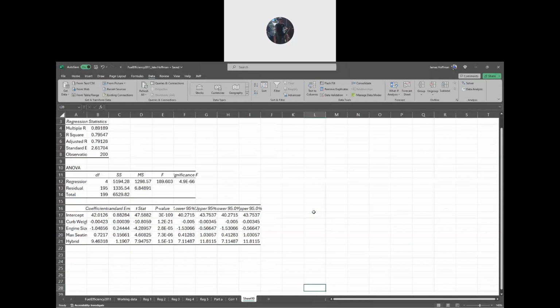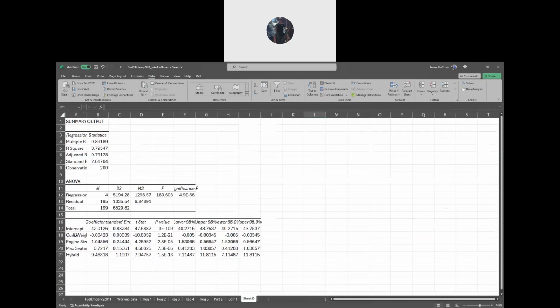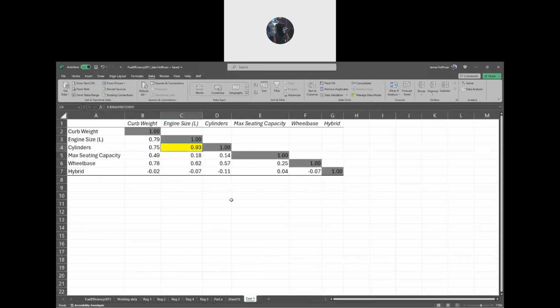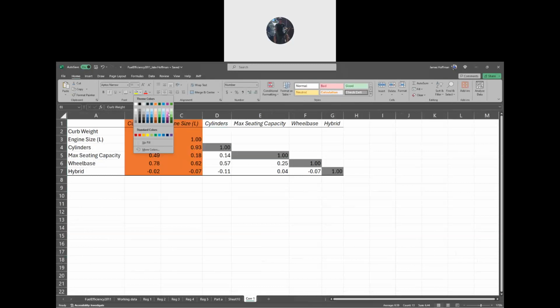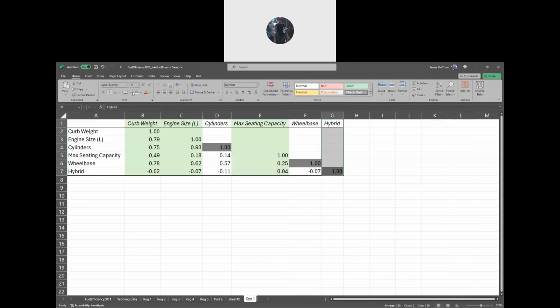All right. So now we only have curb weight, engine size, max seating capacity, and hybrid. Curb weight, engine size, max seating capacity, and hybrid, right?